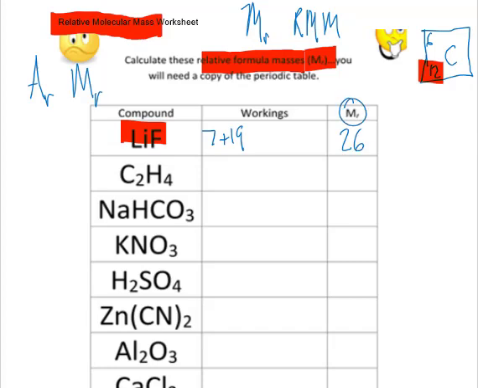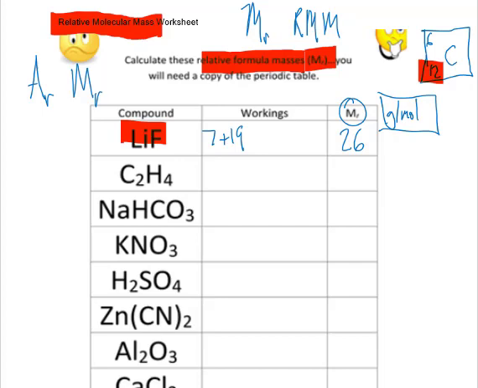MR is a unitless value because it's relative, but for Leaving Cert chemistry, it's good to think of it as grams per mole. It's very helpful for the calculations. So lithium fluoride has 26 grams per mole.